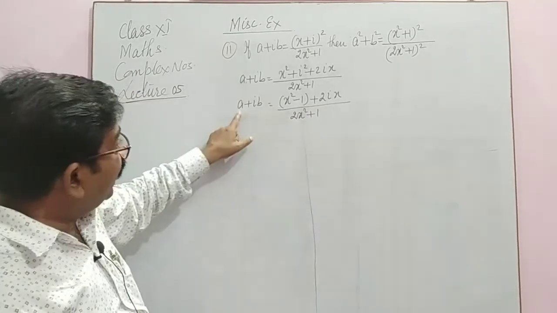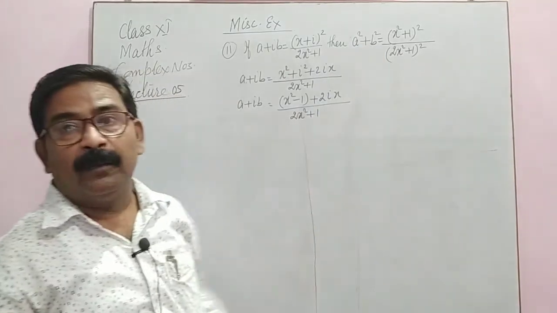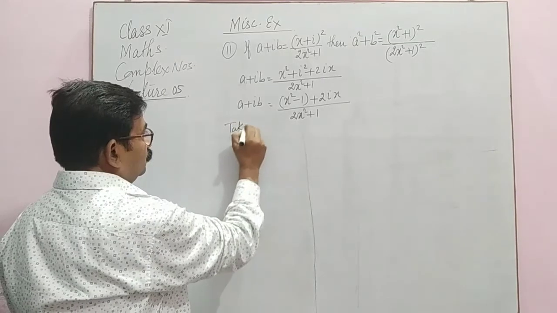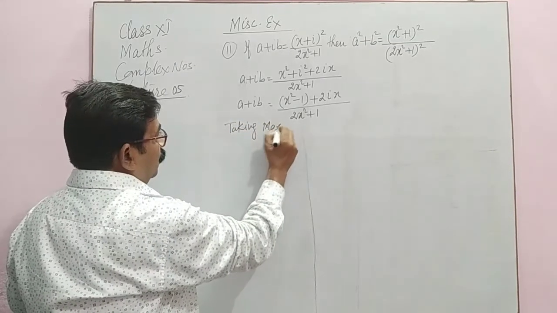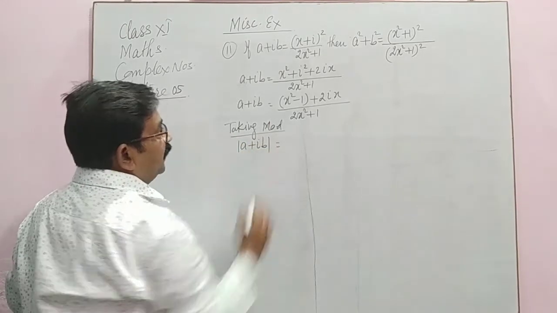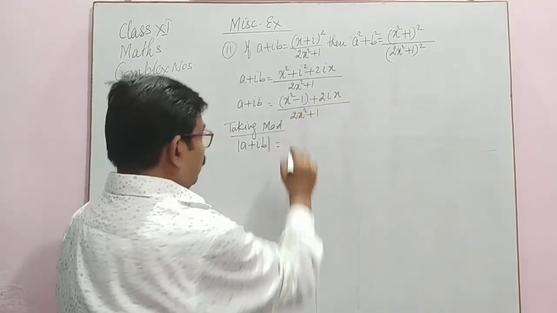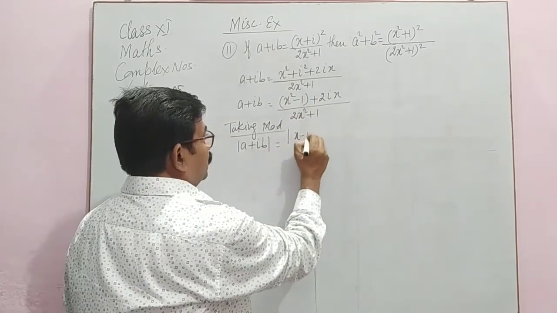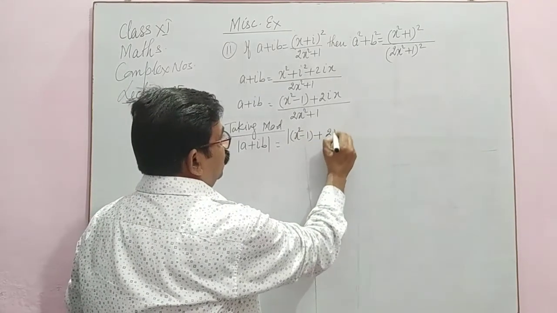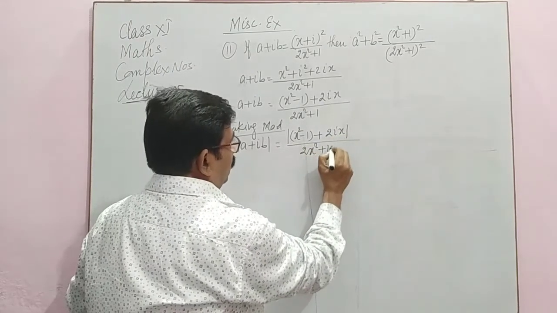Now we have to find a square plus b square, and this happens only when we take the modulus of the complex number. So taking mod, I am taking mod of a plus ib. Here in the numerator we have a complex number, so only the complex number will be taken modulus: x square minus 1 plus 2ix modulus upon 2x square plus 1.